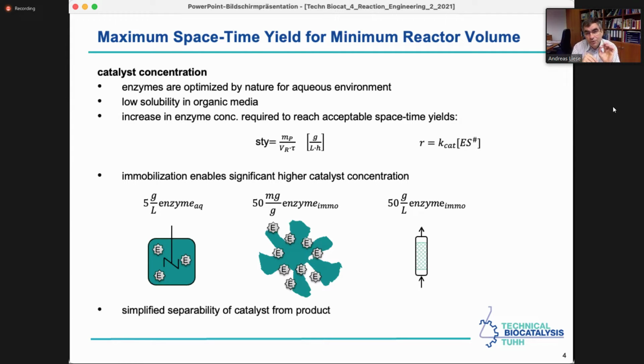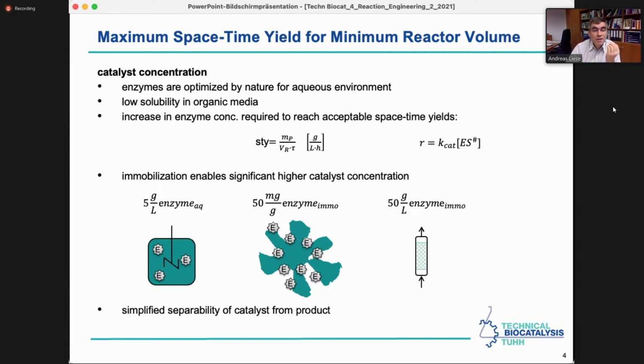Now, one point that adds to all those points that I mentioned before is that immobilization enables significantly higher catalyst concentrations in our reactor system. Why is that? Let's assume we solubilize an enzyme in aqueous phase. An enzyme is a protein, a macromolecule.